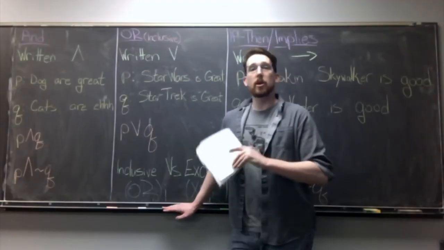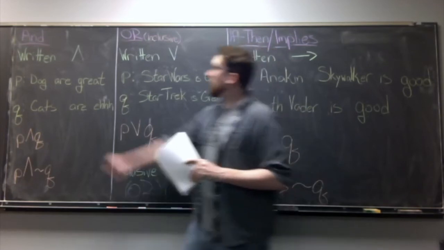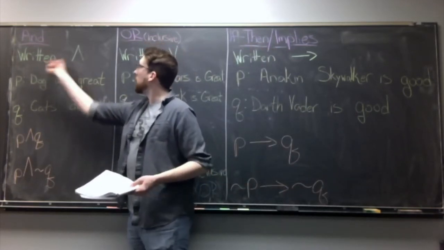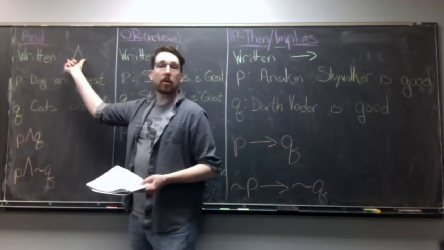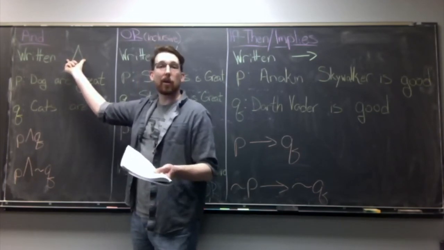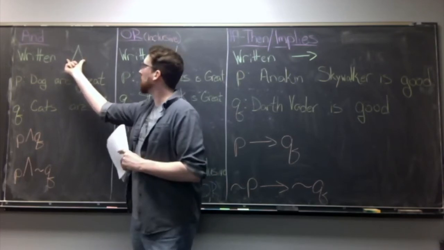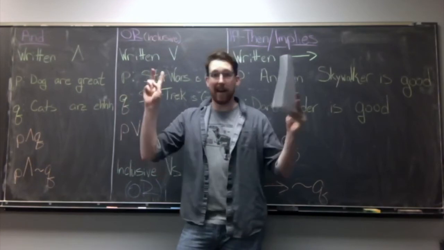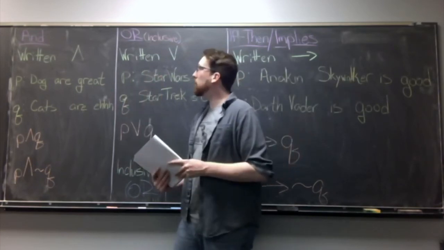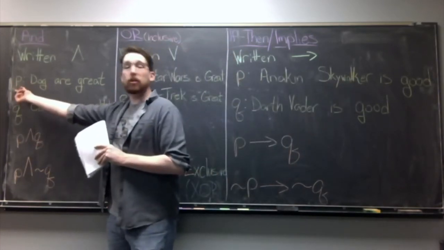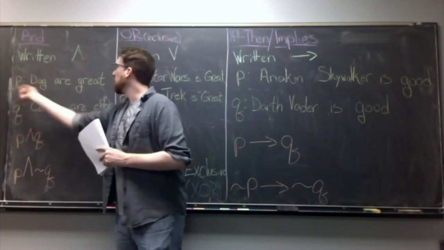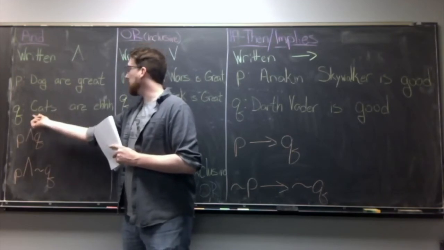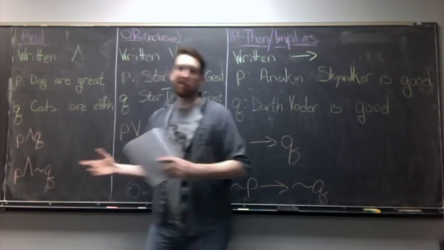To begin talking about compound statements, let's start with and statements. So and statements are written using the kind of upside down V looking symbol. I like to think of it as an A with no bar through it. It just helps me remember that it's and. And the way this works is, let's consider we've got these two statements. P represents the statement "dogs are great," and Q represents the statement "cats are eh."